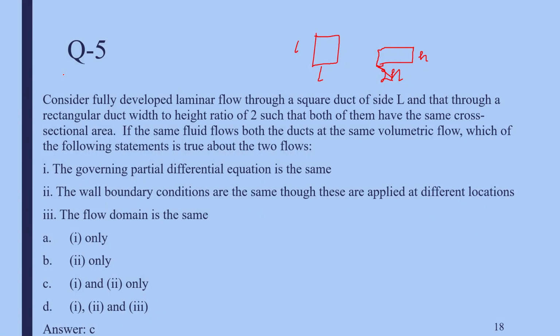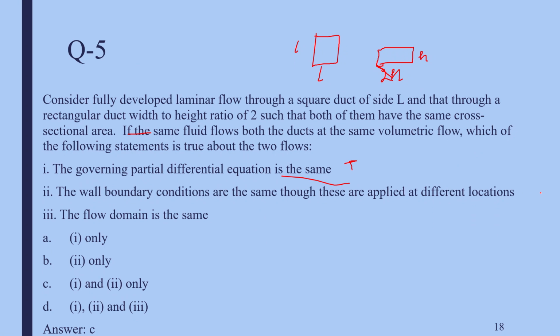We can very well say that since the square duct and the rectangular duct have the same cross-sectional area and the same flow rate, the governing partial differential equation is the same, since both are rectangular, we would be using Cartesian equations in u, v, w with x, y, z. So the governing partial differential equations are the same. So statement 1 is true.